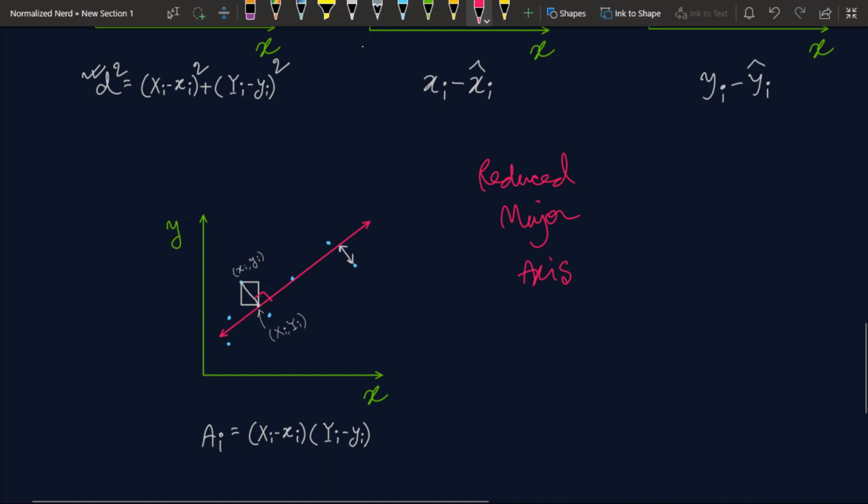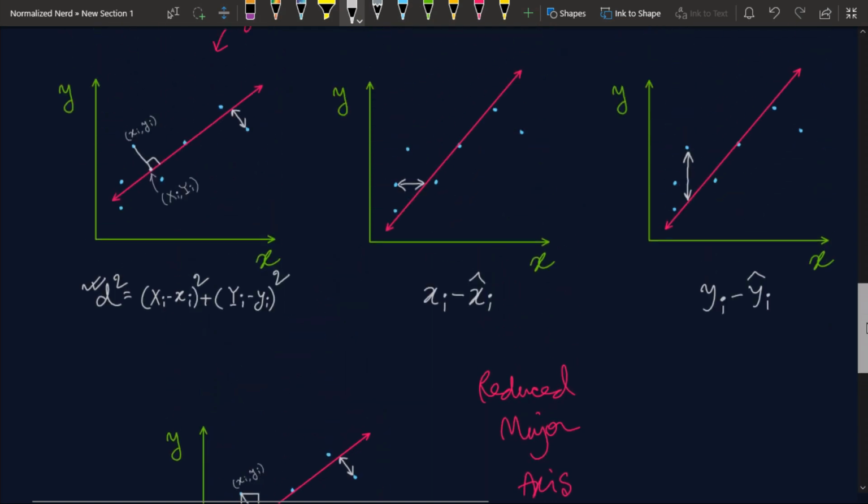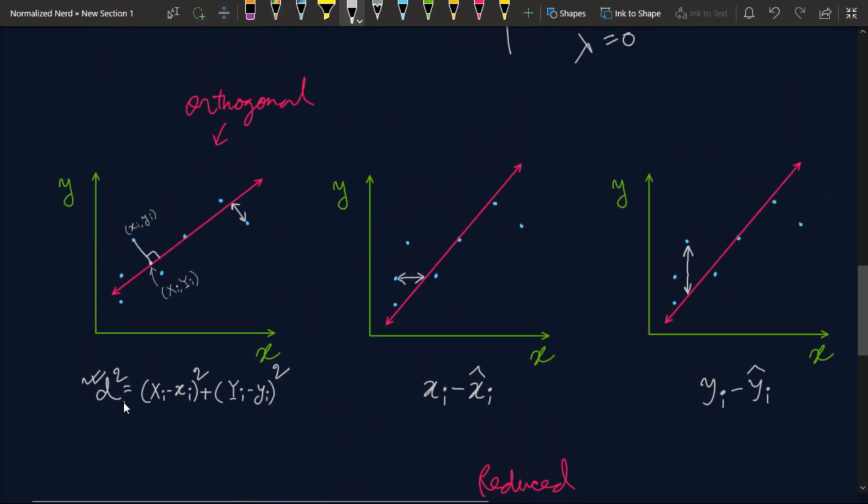Just to be clear here, what we are minimizing in reduced major axis and major axis regression is that in case of the major axis regression, we were actually minimizing the summation of di's, and the constraint in this minimization was our model. And let me just write the model here.